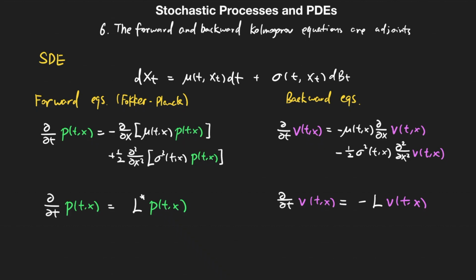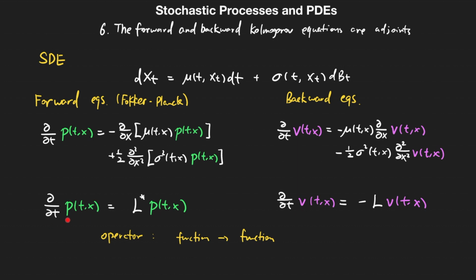If we look at the forward equation here, we can use operators. So we can think of operators as a map from one function to another function. For example, the partial derivative with respect to time is an operator.